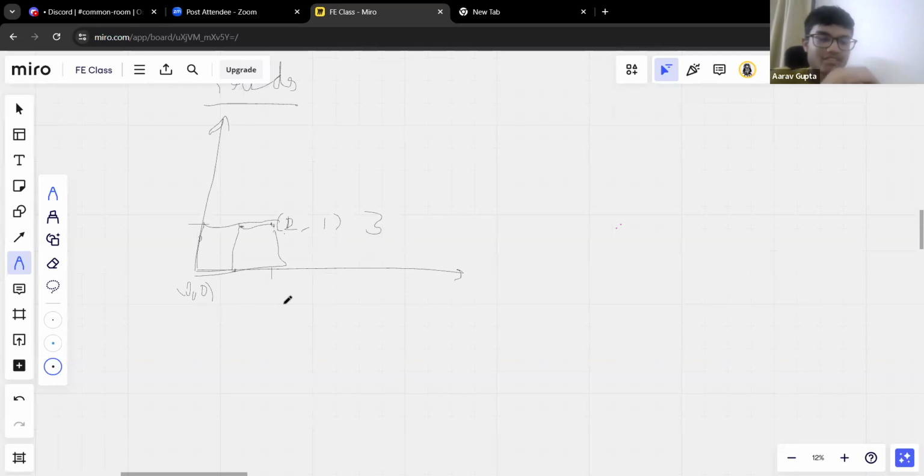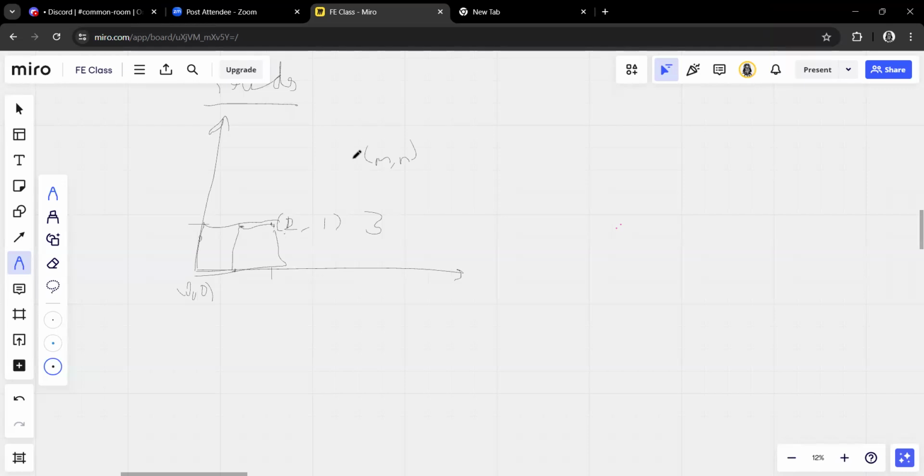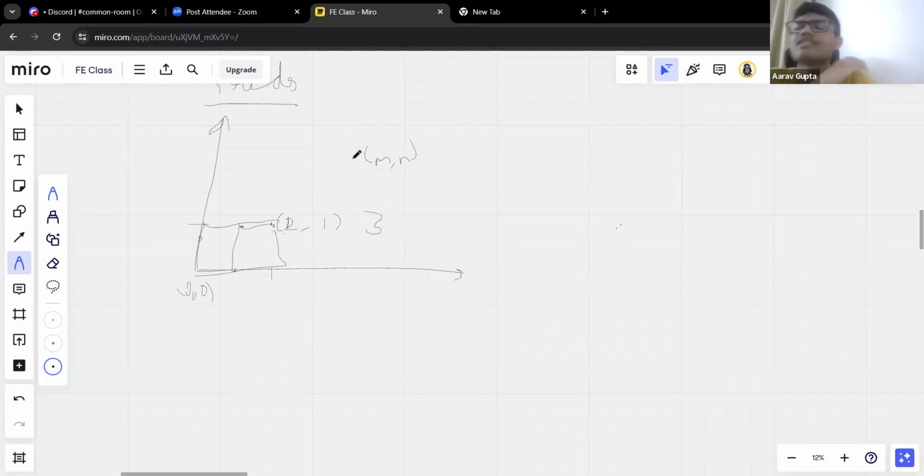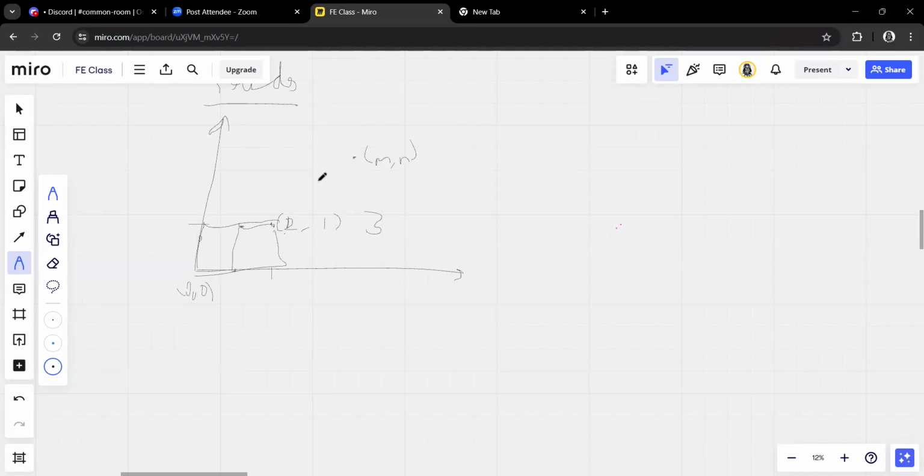Now, finally, if you replace 2, 1 with m, n, then how many moves? M plus n is the number of moves you will take. You're asking the number of paths.